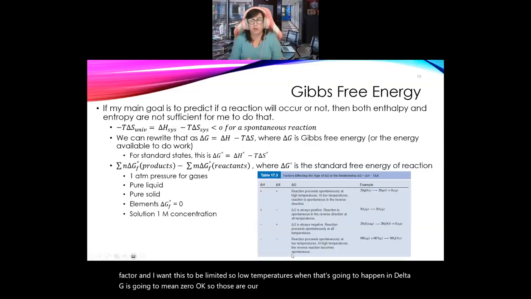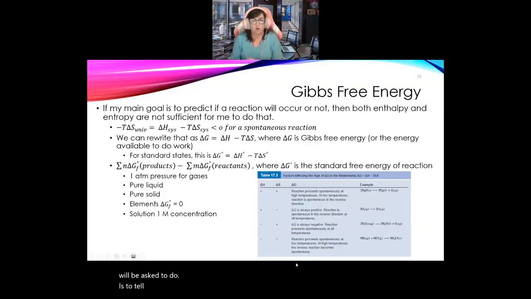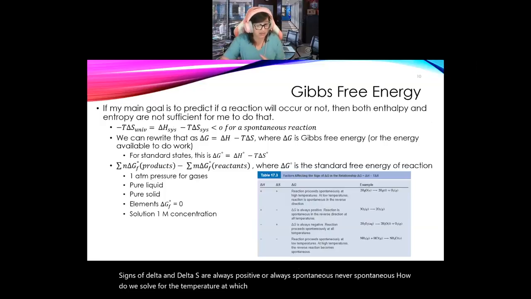One of the things that you will be asked to do is to tell me what signs of delta H and delta S are always spontaneous or never spontaneous. How do we solve for the temperature at which this reaction will be spontaneous?